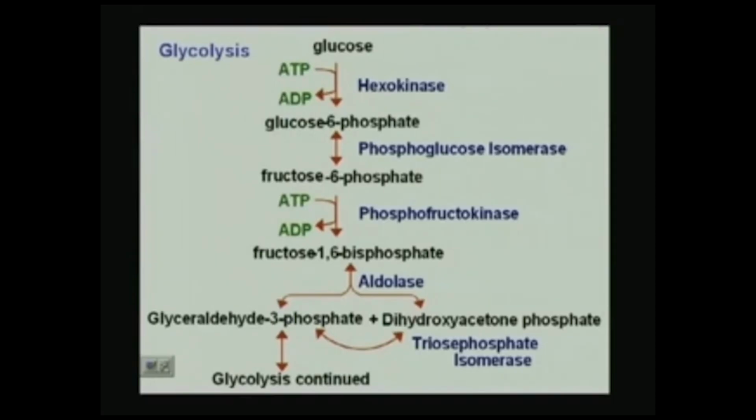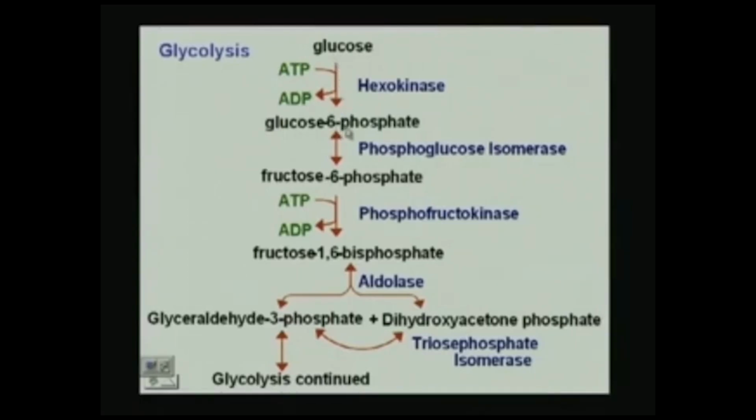Now the 3-carbon system will eventually get into the tricarboxylic acid cycle, and that tricarboxylic acid cycle will ultimately produce carbon dioxide and water. So you'll have it broken down. But what we started off with was glucose. In the first step, we had glucose go to glucose 6-phosphate, right?